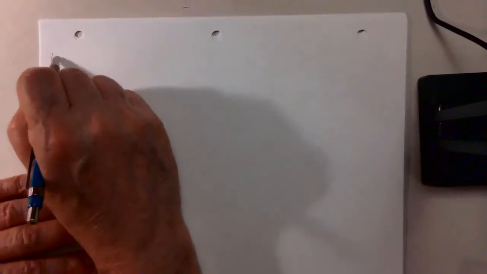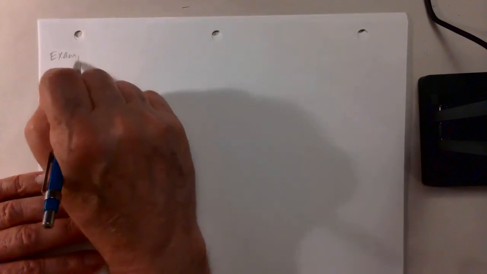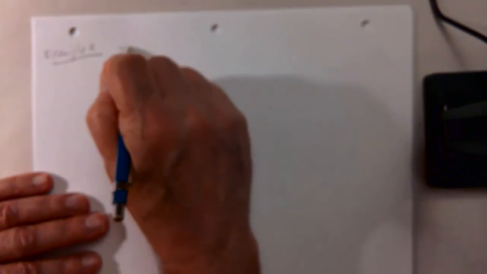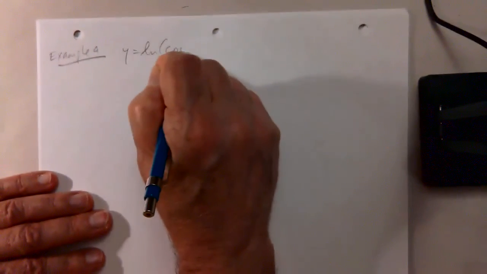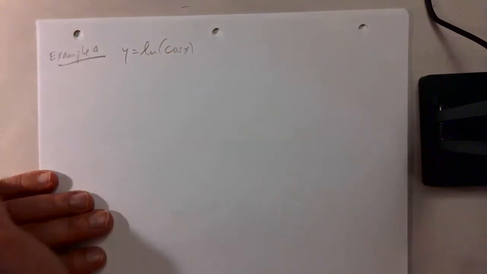Let's do one more. So in the text, this is example 4. We have the function y equals the natural log of the cosine of x.